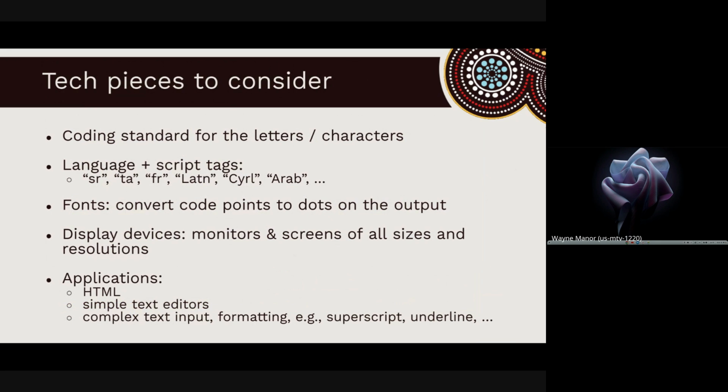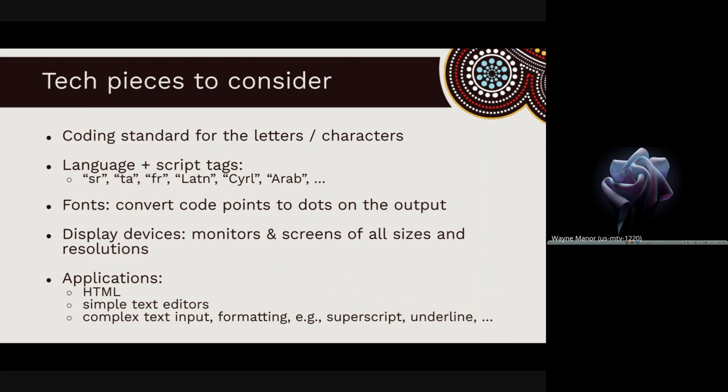It shouldn't be impossible for them to start building their own documents and printing them, but they have to have a way of representing the characters in their writing systems. So these are several of the pieces that have to be there if we're going to use technology to actually create documents, create emails, create websites, and so on in these other languages and writing systems.